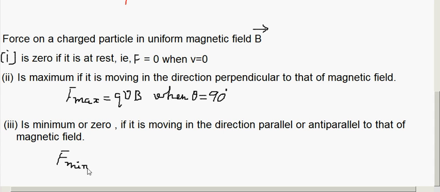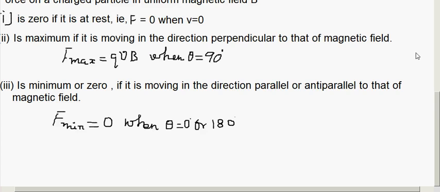F minimum equal to 0 when theta is 0, parallel or anti-parallel. The force is 0 if the charged particle is moving along the direction of the magnetic field or in a direction opposite to the direction of the magnetic field.